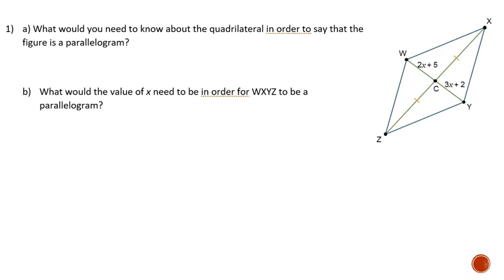If you were to flip back on your first page, what is a property that we would be able to relate these two sides with to make this a parallelogram? If you look, you should see that the diagonals bisect each other. So 2x plus 5 should be equal to 3x plus 2. So go ahead and write down that diagonals bisect each other.